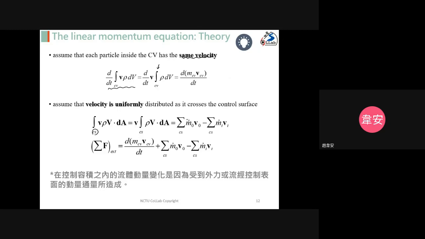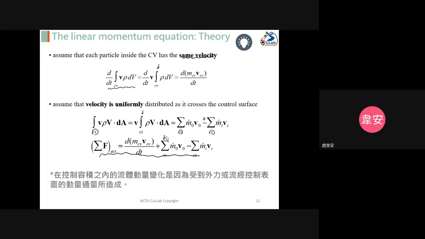Finally, we can remove the integration operators and replace them by the sigma operator here. We have the outflow and the inflow, and we make the balance, so there is the minus. This is another form of the linear momentum equation, just replacing the integral operators by the sigma sum operator.